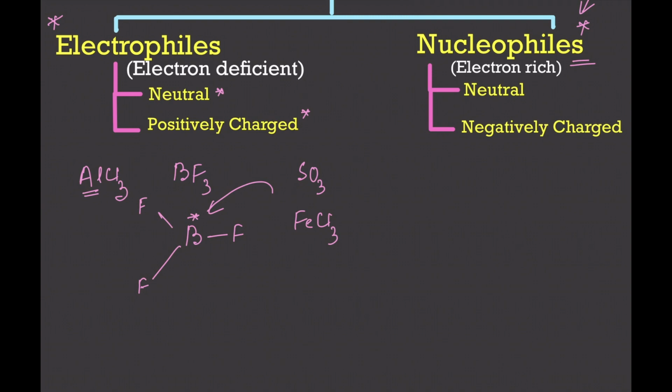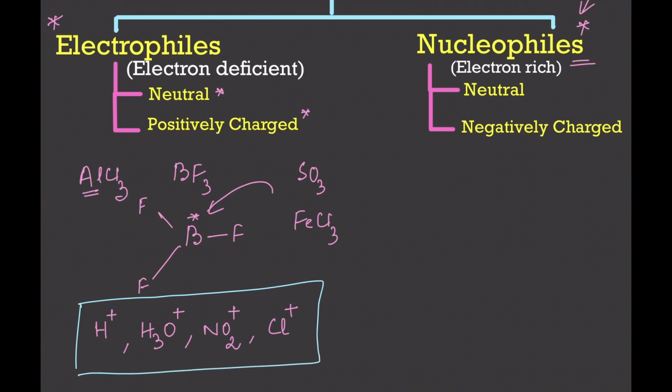Some examples of positively charged electrophiles are proton, that is H+ ion, hydronium ion, H3O+, or NO2+ ion. All these are positively charged electrophiles. Then Cl+ ion. So these are examples of positively charged electrophiles which can attack any electron rich center in the substrate and can form bonds with them, thus acting as an attacking reagent.